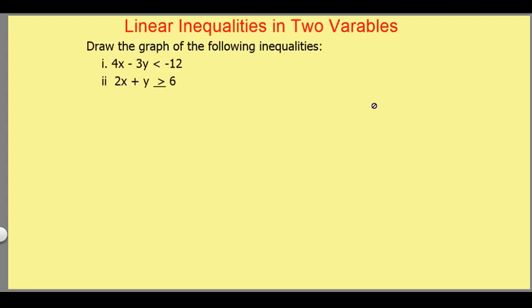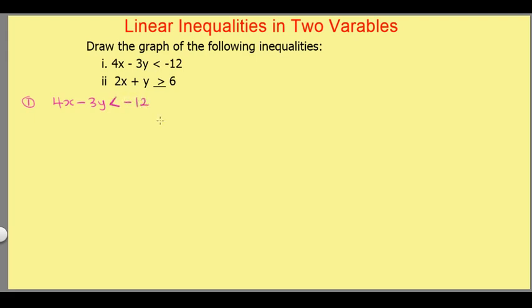Here we have a question: draw the graph of the following linear inequalities. For the very first one, we have 4x minus 3y less than minus 12.